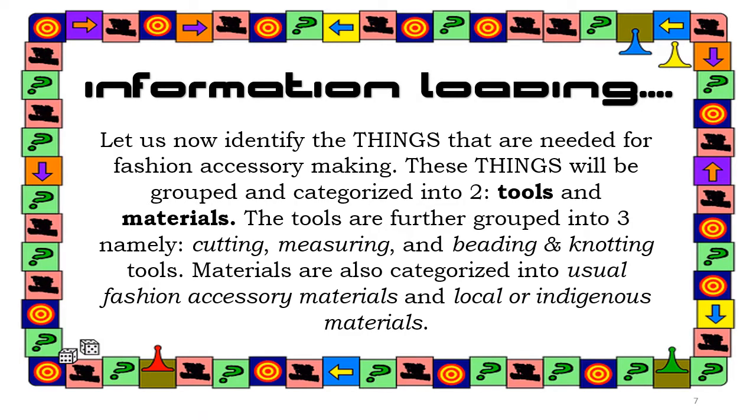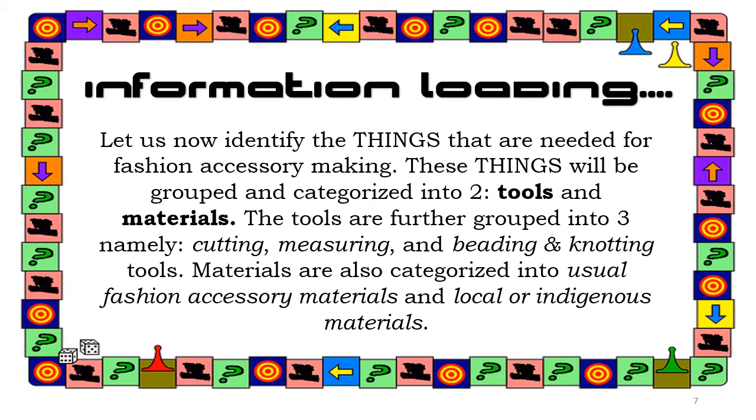So let us move on now to the information. Let us now identify the things that are needed for fashion accessory making. These things will be grouped and categorized into 2: tools and materials. The tools are further grouped into 3, namely cutting, measuring, and beading and knotting tools.